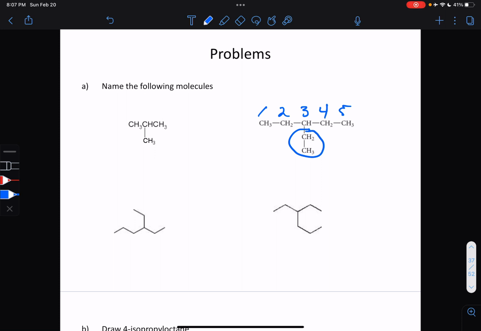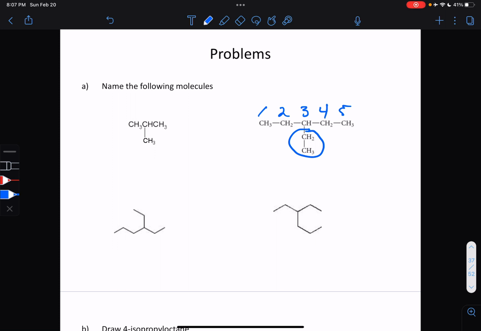Now, do we see a problem here? Did we do something wrong? Are we good? I am seeing that we have a pentane. Is anyone seeing anything else? That's all I see: a 5-carbon chain is a pentane.